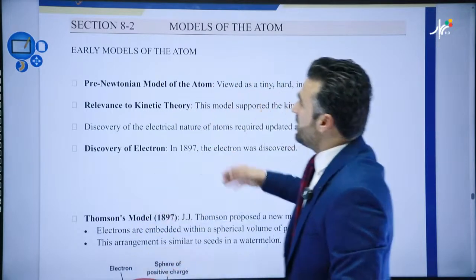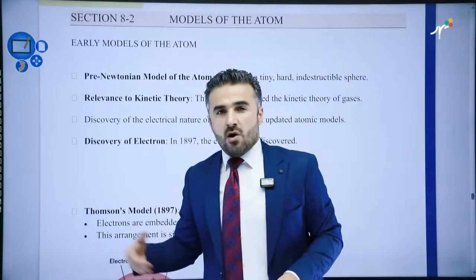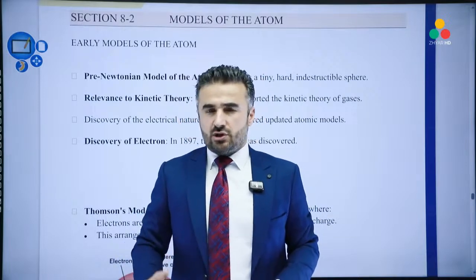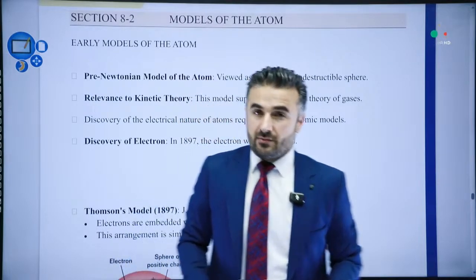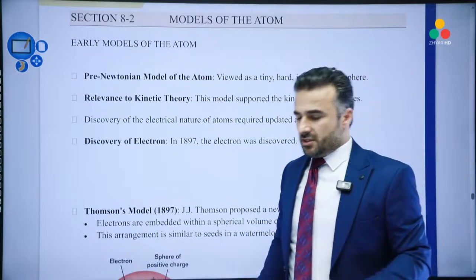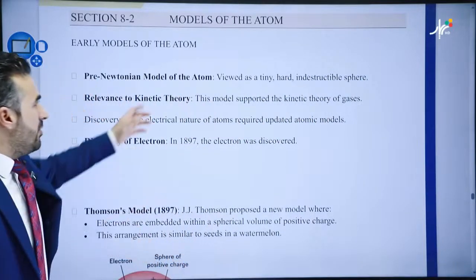So we'll start with early models of the atom. What are the beginning models of the atom? What did scientists assume about the atoms? We'll start with the pre-Newtonian model of the atom. Before Newton, what did they think about the model of the atom?